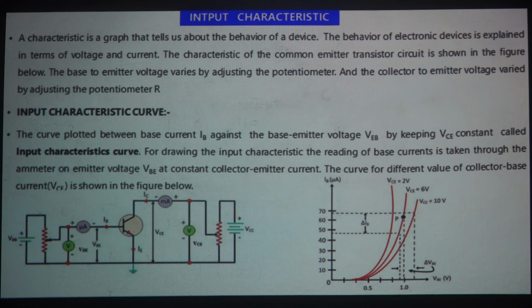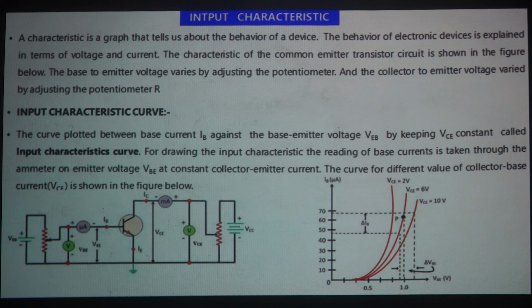The curve plotted between base current IB against base emitter voltage VBE by keeping VCE constant is called the input characteristics curve.